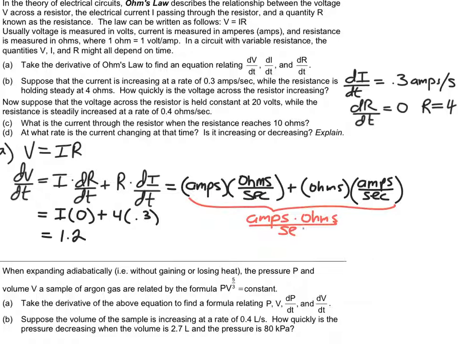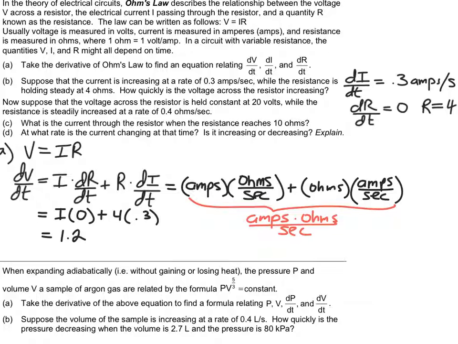Per second. So that could actually be the units for your final answer. Now, going back to the idea of a volt: a volt is the product of an ampere and an ohm.